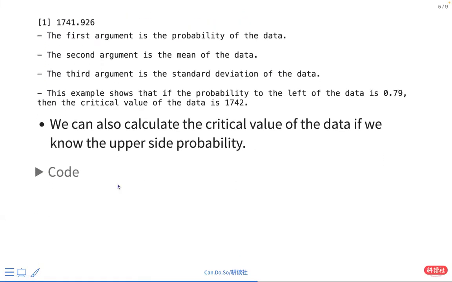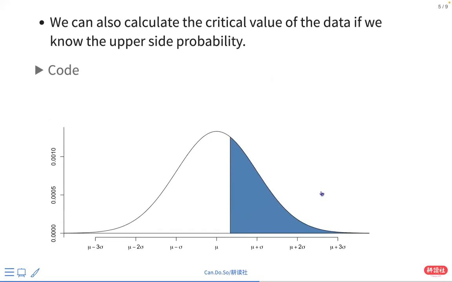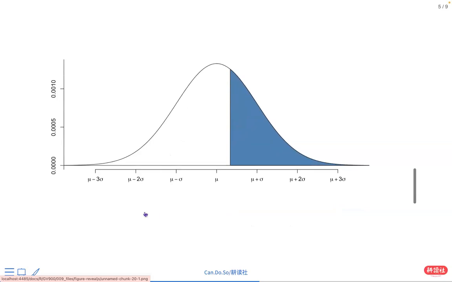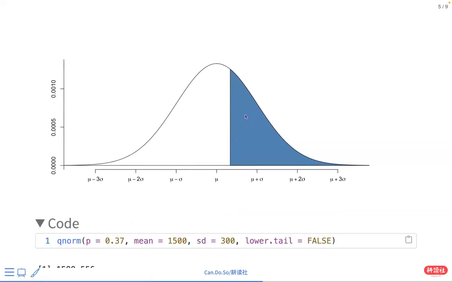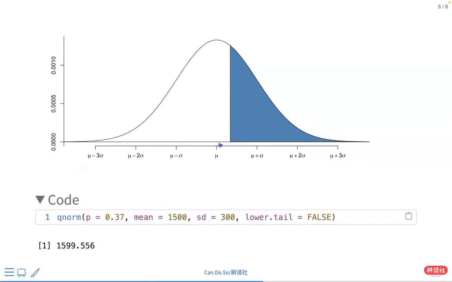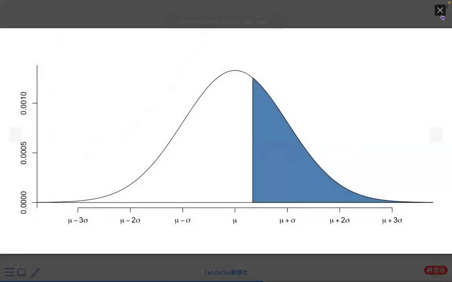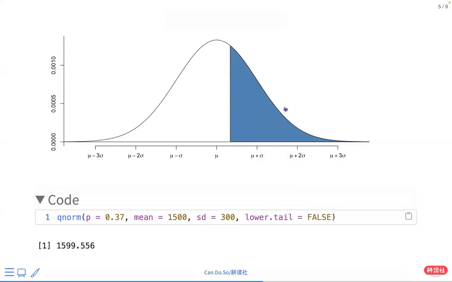And we can also find the critical value of the data if we know the upper side. So if we know this part, we can also find this value. For example, if this part is 37%, we use this one, but we have to set lower.tail to FALSE because we want to find this part.